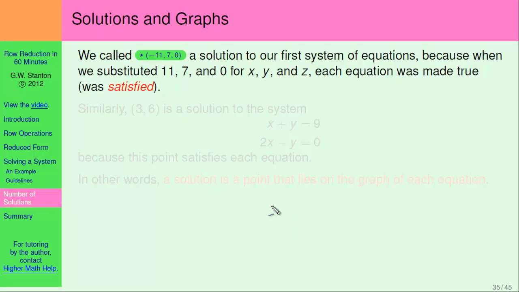Now we can combine what we know about solutions with what we know about graphs. Earlier we called -11, 7, 0 a solution to our first system of equations because when we substituted those values in for the variables, each equation was made true, or in other words, was satisfied.